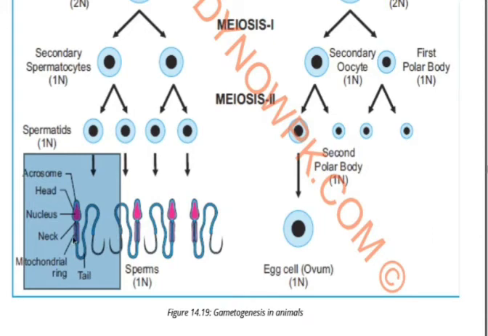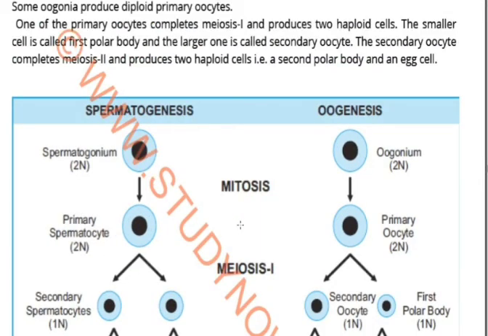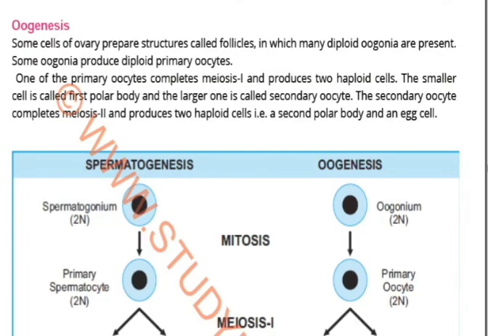Mitochondrial ring is there to provide it proper energy levels and proper ATP production. It is the powerhouse of the cell, so it is going for swimming, it needs energy, so it gets the energy from here. And then the tail also the same. Now see the process now. I hope it is clear. This is the spermatogenesis process of sperm production.